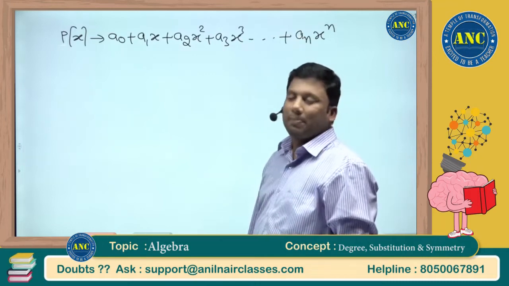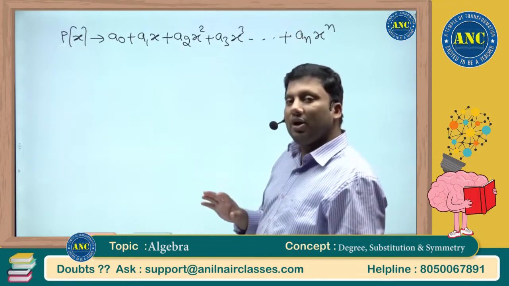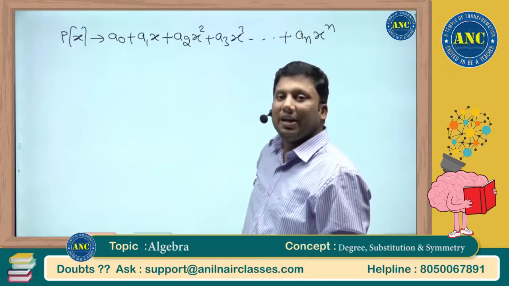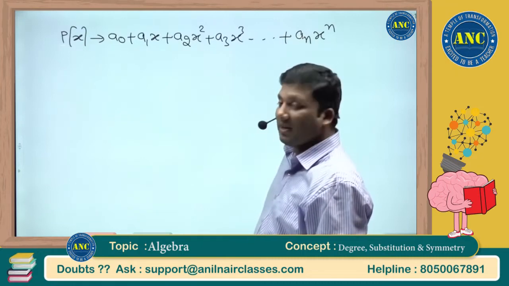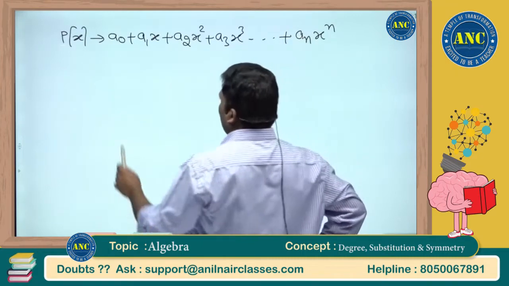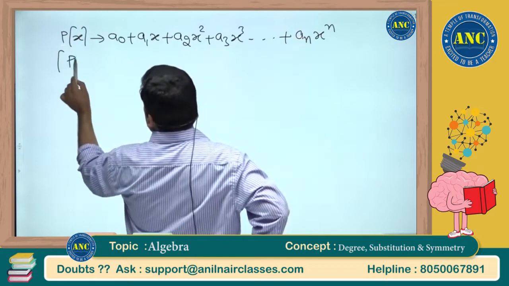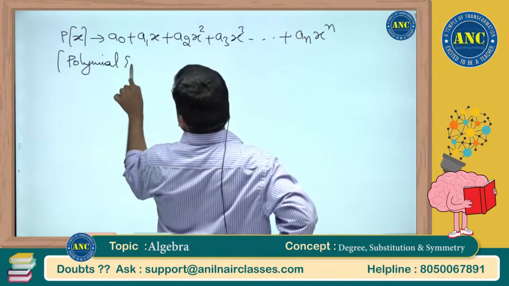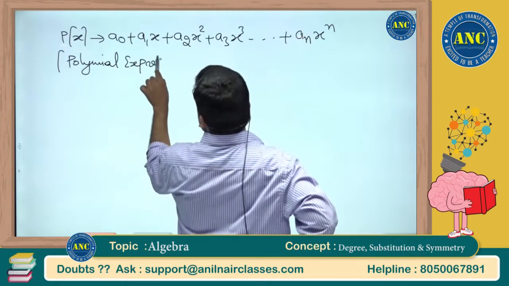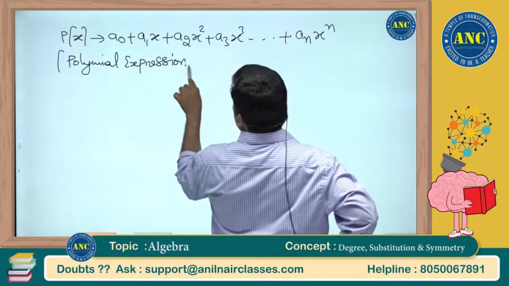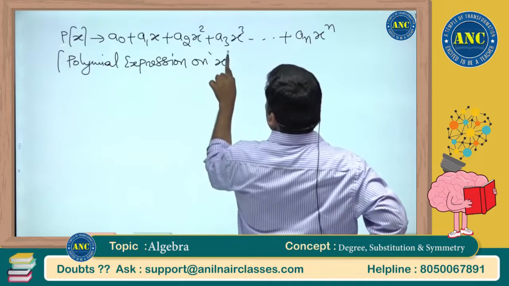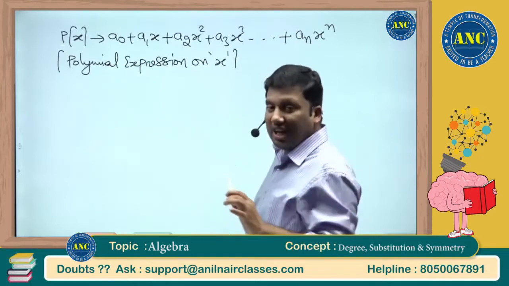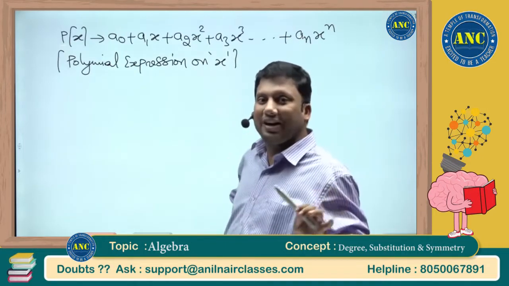P of x is a polynomial expression on x. This expression is not equated with anything.